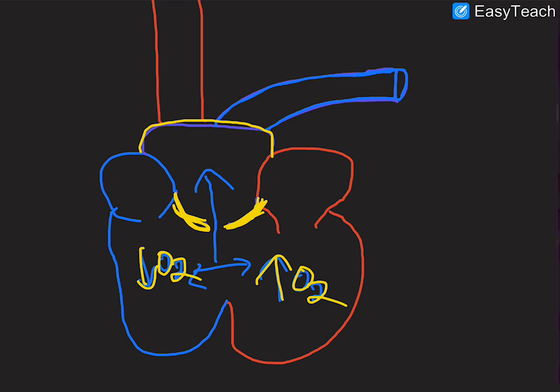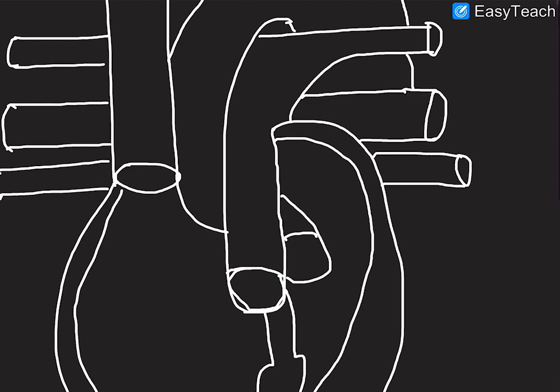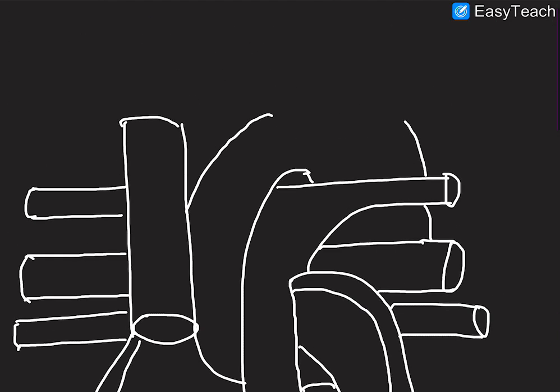Usually what's supposed to happen? Usually you get this, right? So let's erase that and go down to a normal heart, which I tried to draw a rough sketch of here. Let's draw these branches of the aorta.